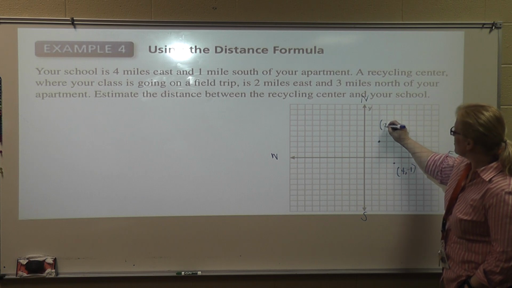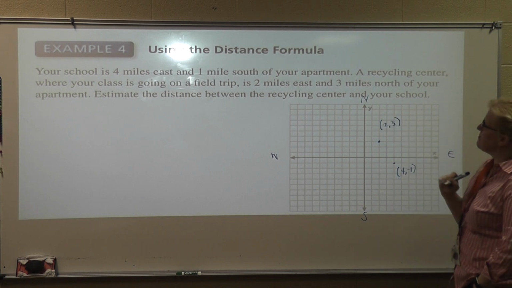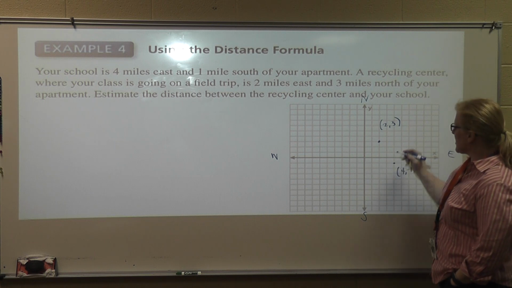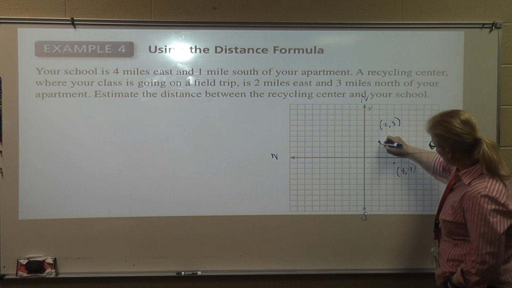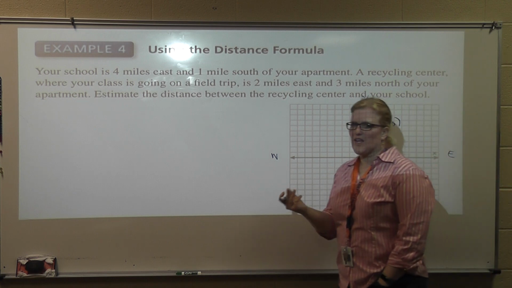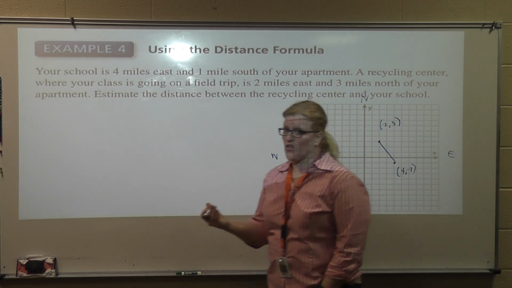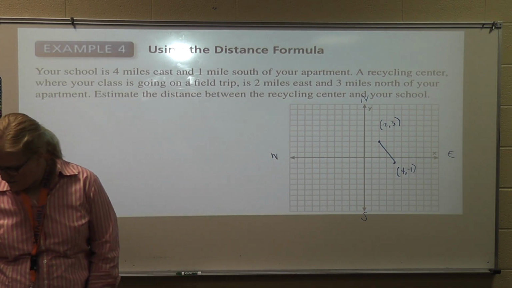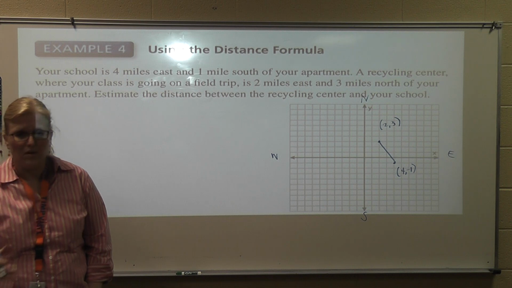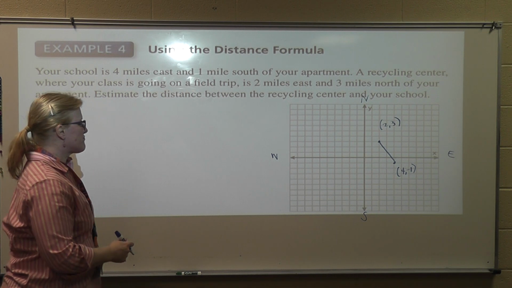So this is (2, 3). And we want to estimate the distance between the recycling center and your school. Now, this would be like if your drone was flying, right? Because you could go in a straight shot. Or if it was across from a really big field, because typically we don't go in a straight line.